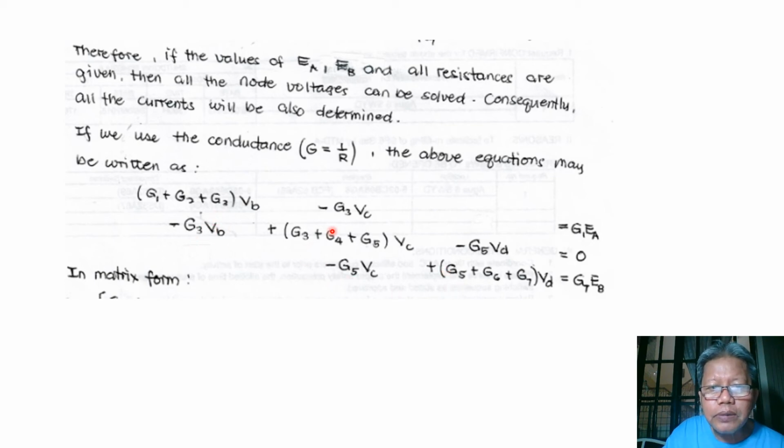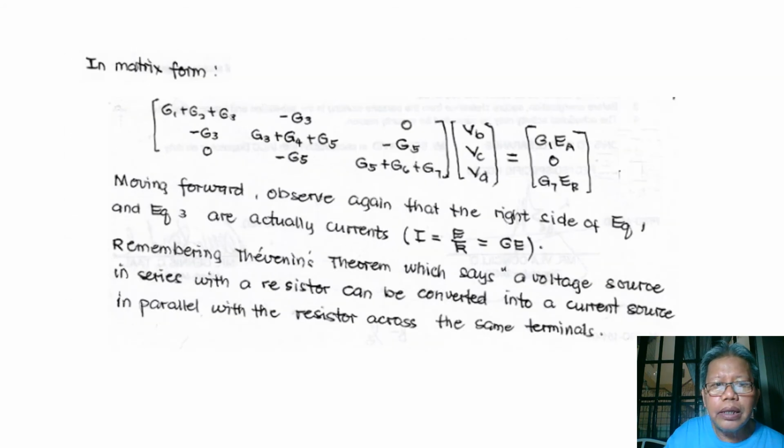So in terms of conductances, we have this set of equations, and in matrix form we have this now with the same matrix for node voltages, and at the right side we have these terms here. Now instead of E sub A over R1, we now have G1 times E sub A, and we have G7 times E sub B.